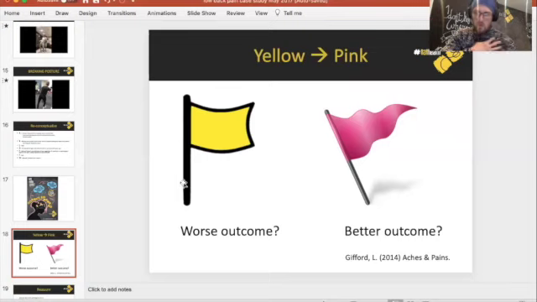The same as I wouldn't want failed rehabilitation attached to my name, and you wouldn't either. And being able to look at these maladaptive strategies and challenge them. What Louis Gifford then came up with is the concept of turning that into a pink flag, so an indicator of a better outcome.